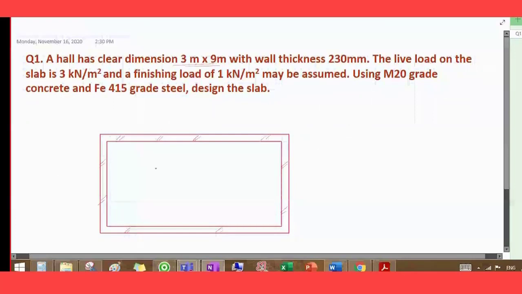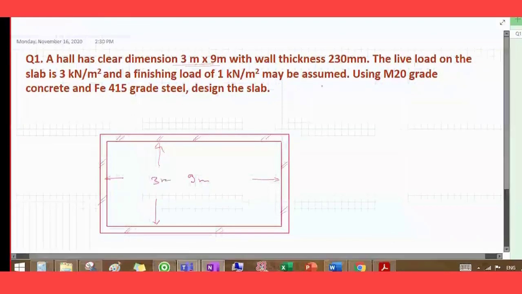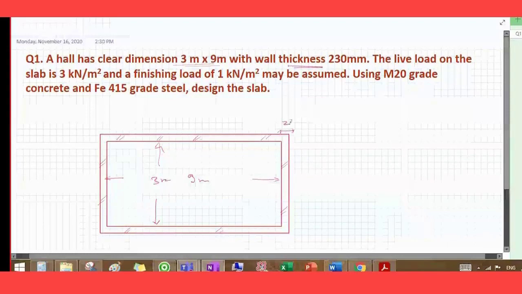By clear dimension, I mean from the inner face of the wall from here till here, this dimension is 9 meter, and from here to here this dimension is 3 meter. This is the data which has been given, and also it's given that the wall thickness is 230 mm.